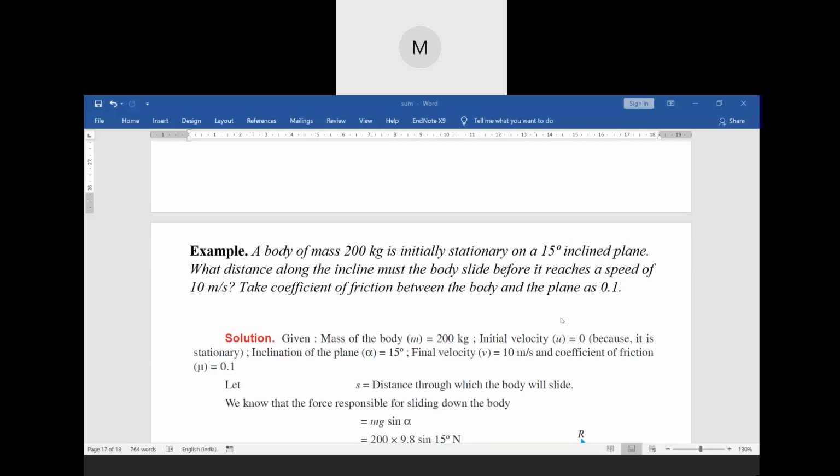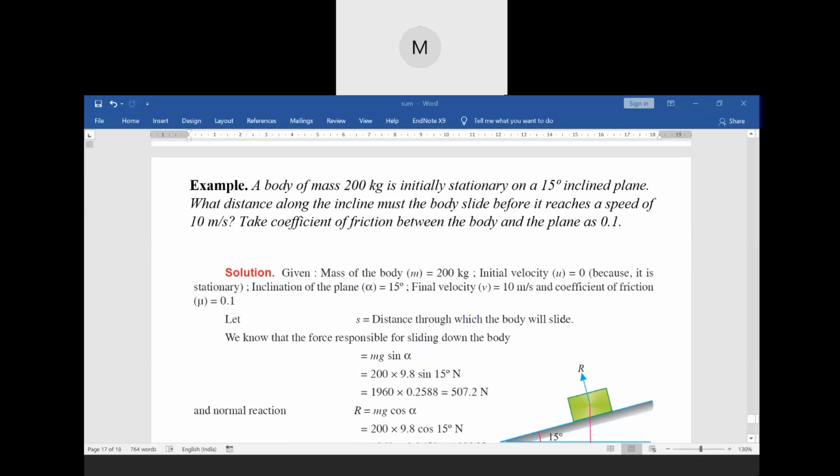So what is given here? The mass of the body is 200 kg. The inclination of the plane is 15 degrees. And we need the distance along the incline the body must slide before it reaches a speed of 10 meter per second.